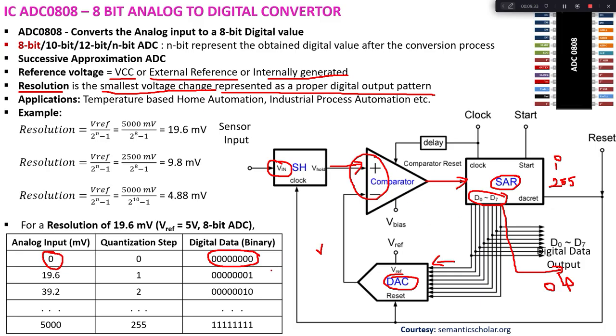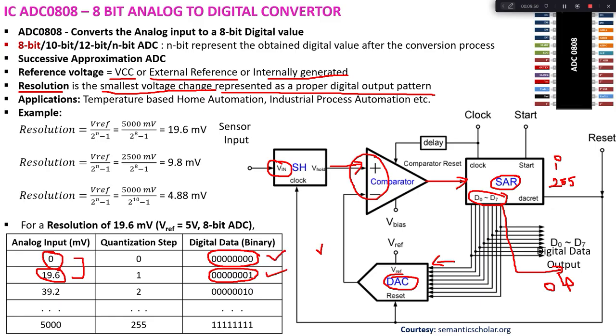And when I have this 701, my DAC is going to produce a voltage of 19.6 millivolt. So this is called the resolution. This is the smallest voltage change which can be represented as a proper binary bit pattern.